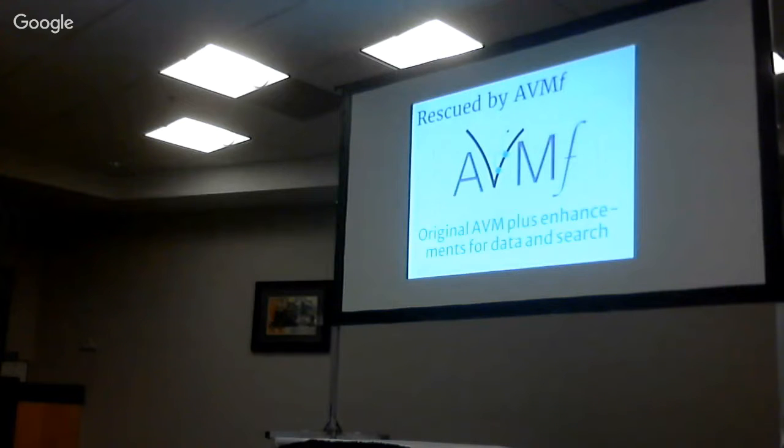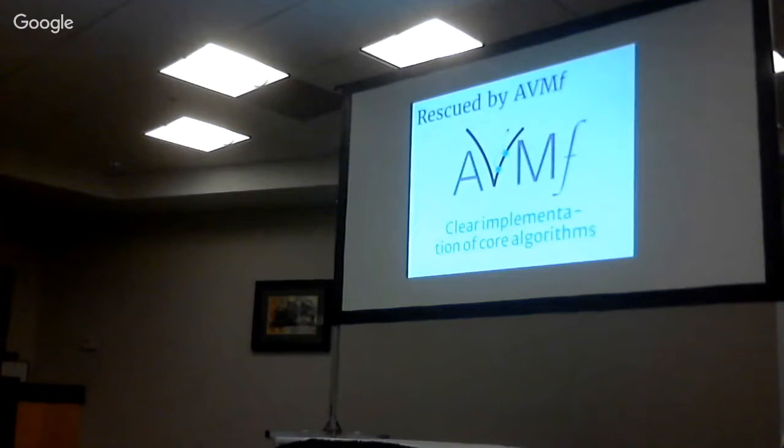It includes a number of key enhancements for both data types that you may want to incorporate into your search. It includes both geometric and lattice search techniques that are provably faster. What I want to stress about the AVM is that it has clear implementations of the core algorithms. The algorithm is the pseudocode of a paper. You clearly see how that pseudocode is represented in the Java implementation of AVMF.